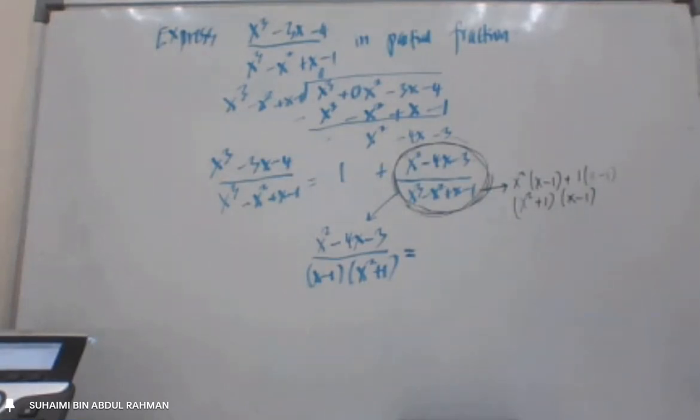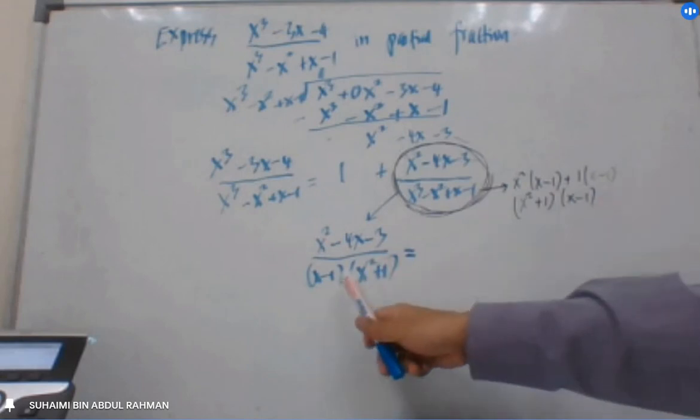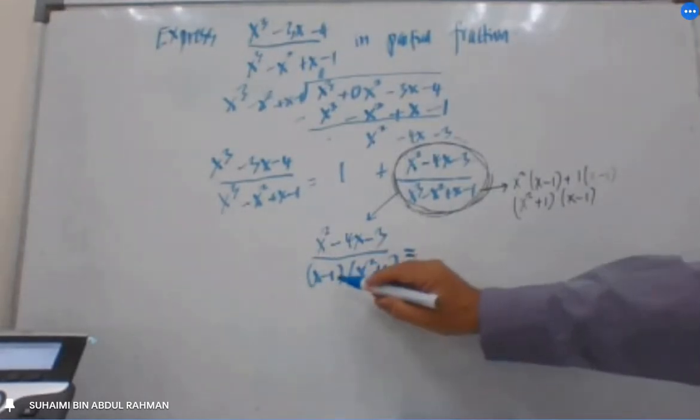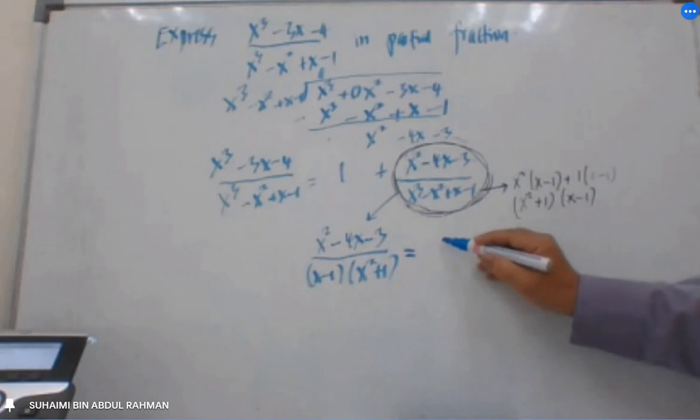Rule C, sir. Why C? C is for irreducible quadratic. And for linear, rule A, because we have two types of factors. So we have to apply two rules here, rule A and also rule C. We go to rule A first.